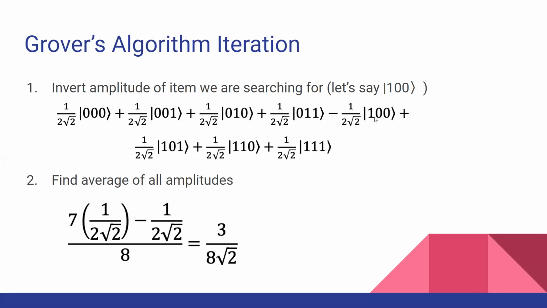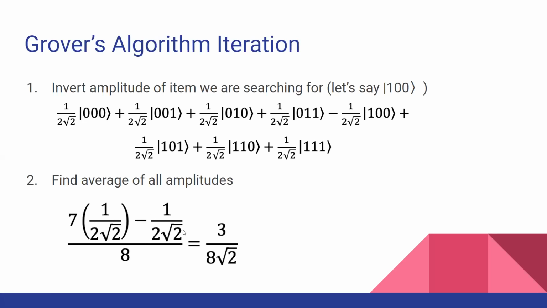So if we're looking for 1, 0, 0, we're going to invert its probability amplitude. And what we'll see here is they all still have equal probability of being measured. It's just that this one is now negative. The reason we make it negative is that the second step is to find the average of all amplitudes.